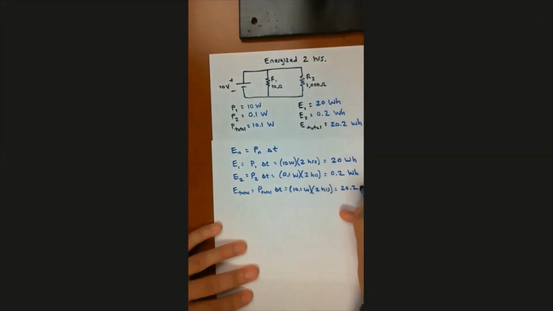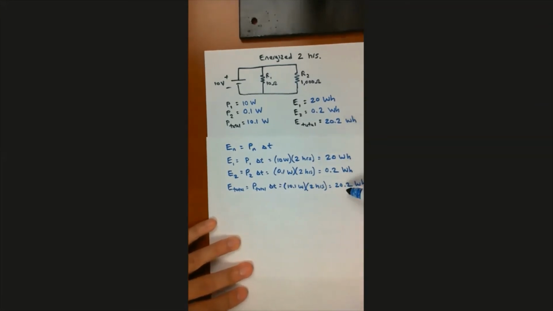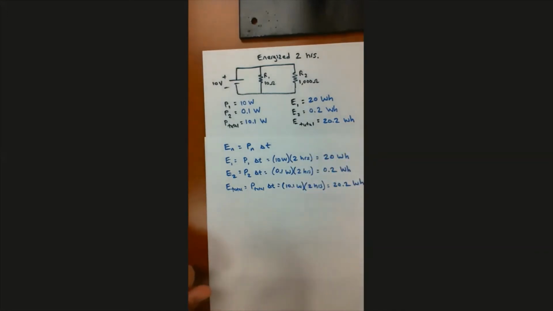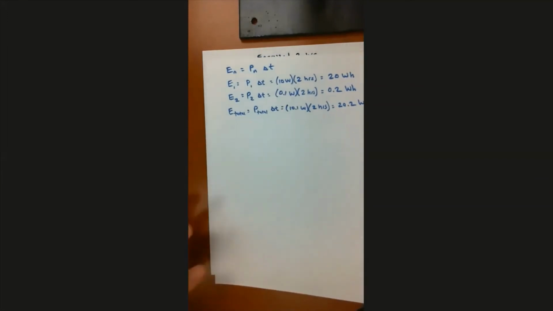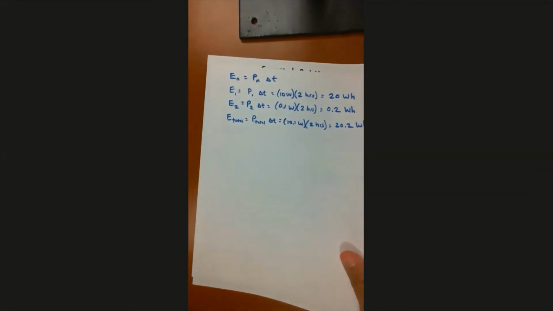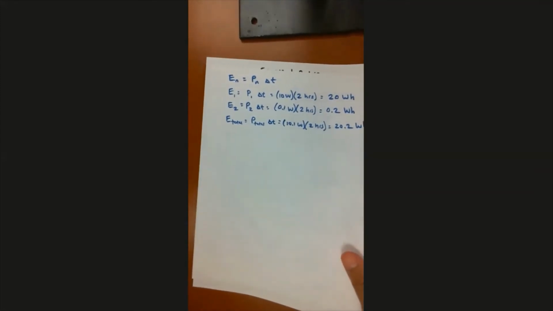Watts times hours gives me watt hours. So they match up. E total here equals E total there. So that's basically power and energy in the electrical domain. Hopefully that makes sense. Let me know if you have any questions.